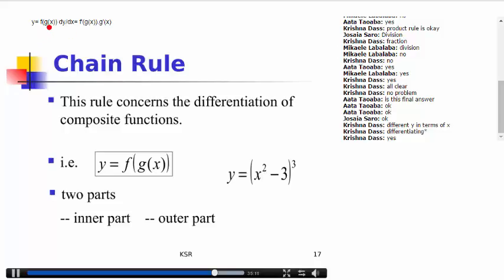We have f, then we have g(x) underneath. That's the inner function. So first of all, I will differentiate the outside function, which is f. I'll do f dash, and then I'll put the inner function as it is, which is g(x). Then I take that inner function and differentiate it, and I have to multiply that with this.